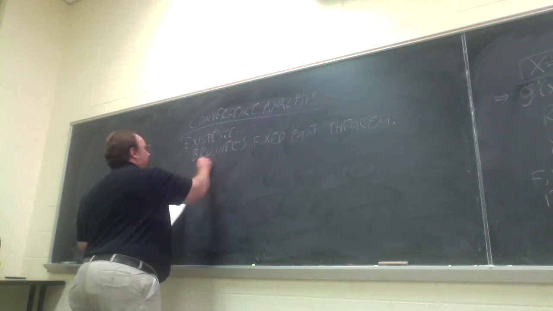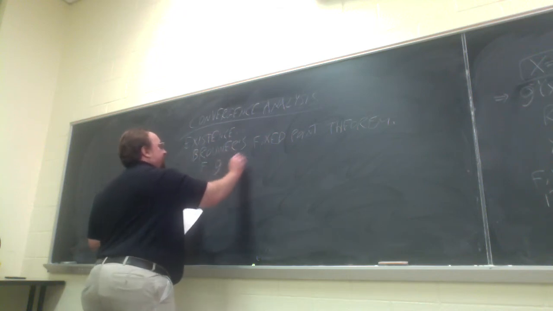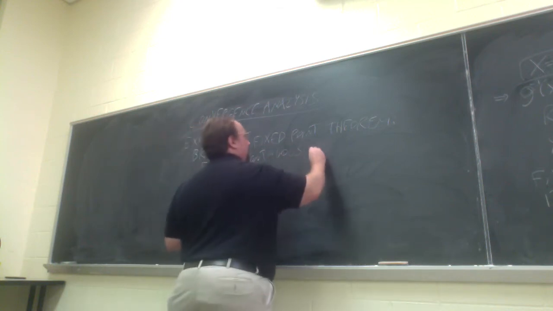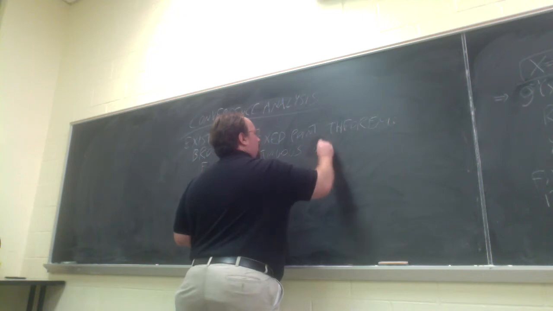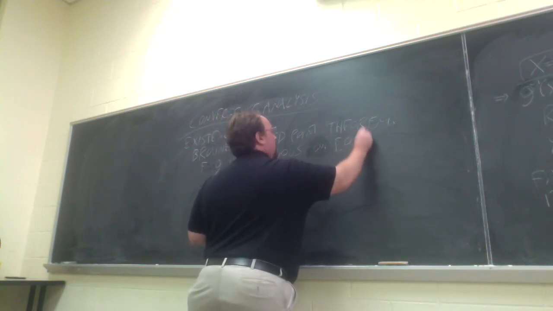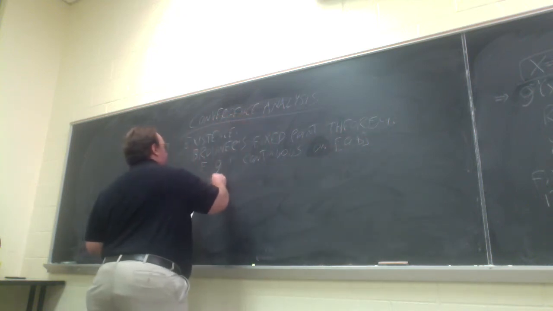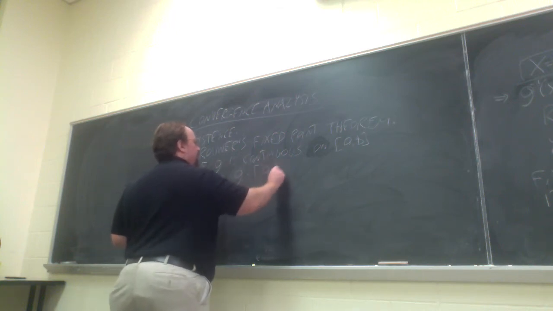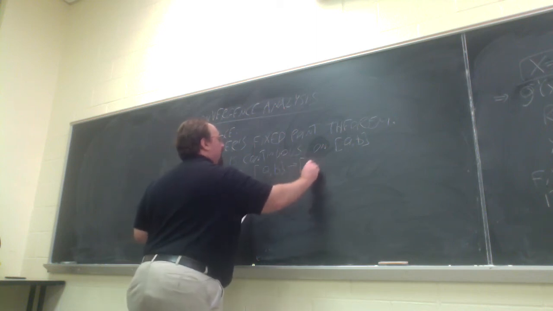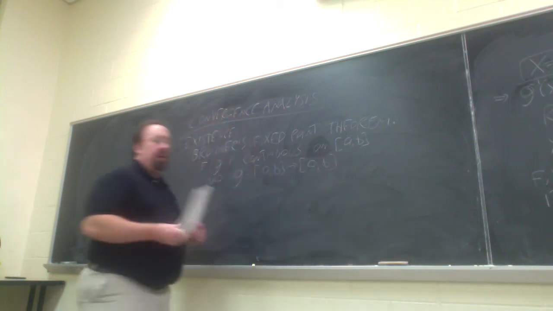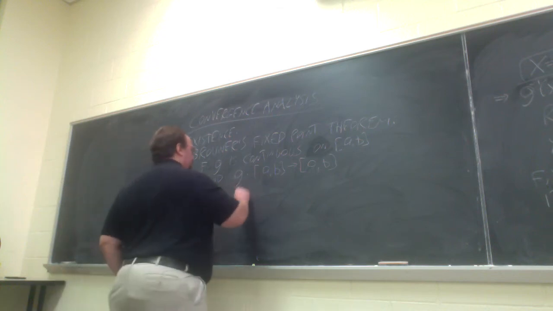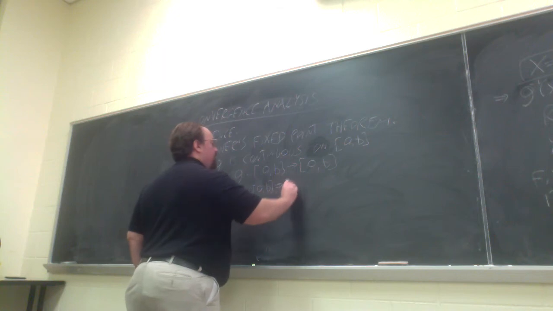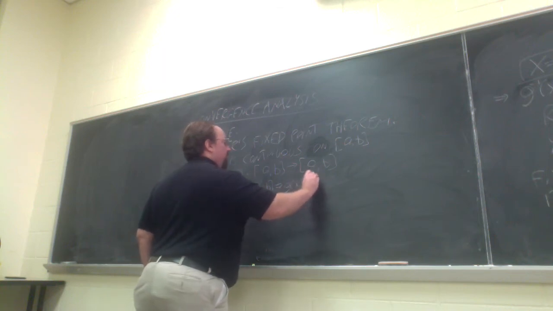So if function g is continuous, and we're always dealing with continuous functions here, on an interval AB, and this is an especially important point, g maps the interval AB into itself. What I mean by that is, if x is in AB, then g of x is also in AB.